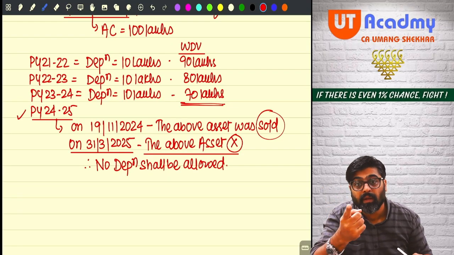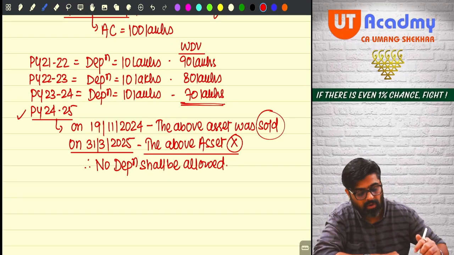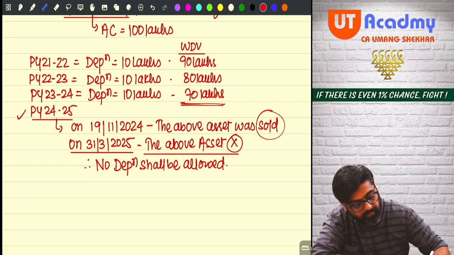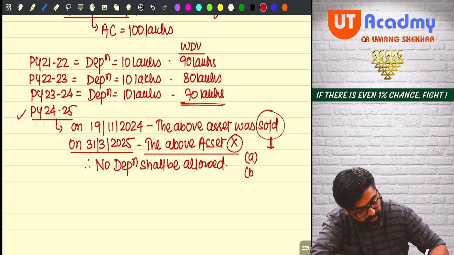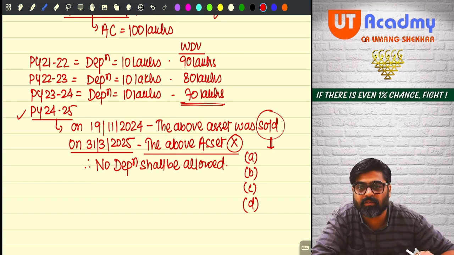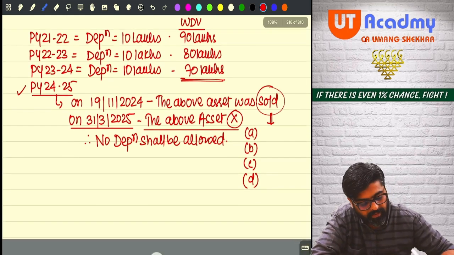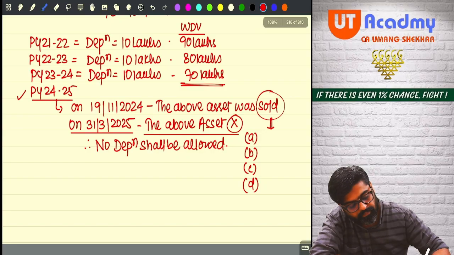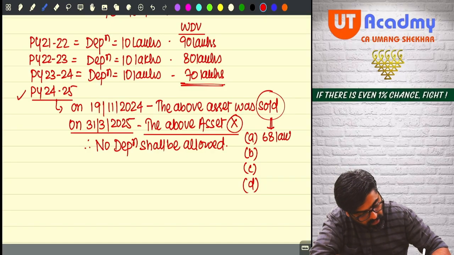Done? Now this asset was sold on what date? 19th November. 4 possibilities are there: A, B, C and D. It can be sold at any of these prices. Now tell me, if it is sold for 68 lakhs, possible or not possible?